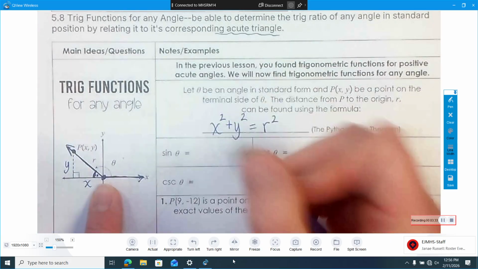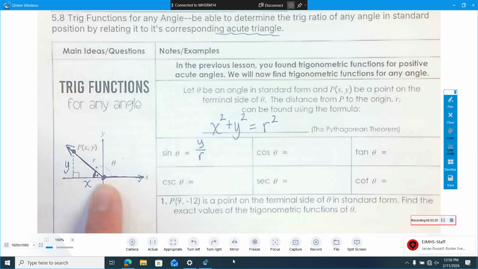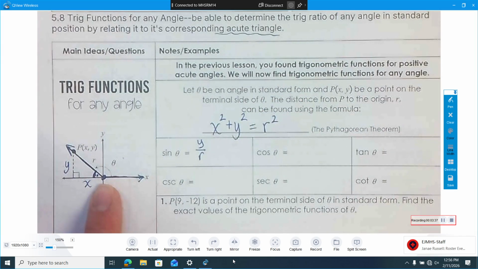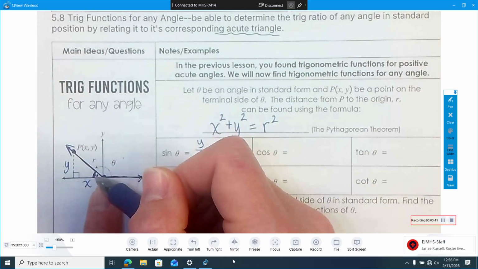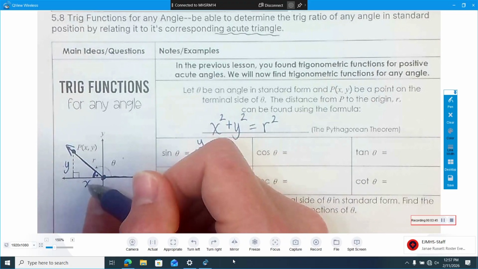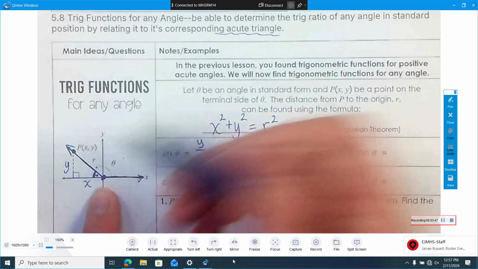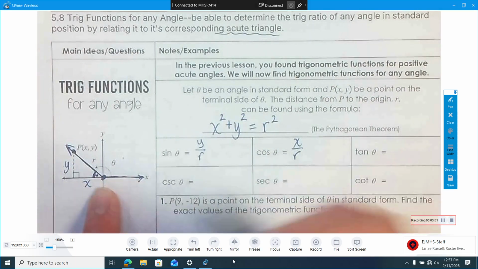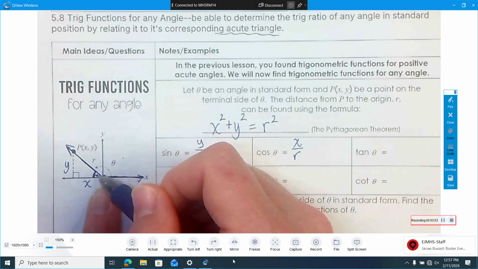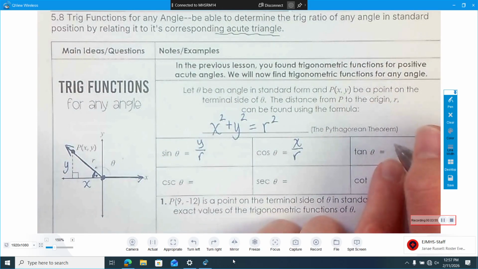Opposite over hypotenuse, so y over r. And what would the cosine ratio be? Adjacent over hypotenuse, so x over r. And then tangent, y over x, opposite over adjacent, y over x.